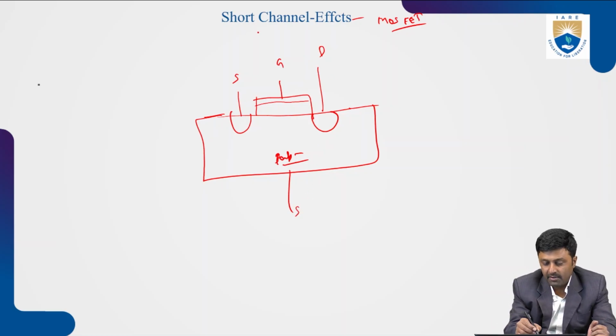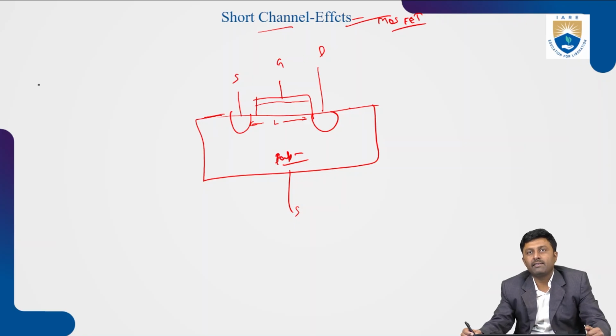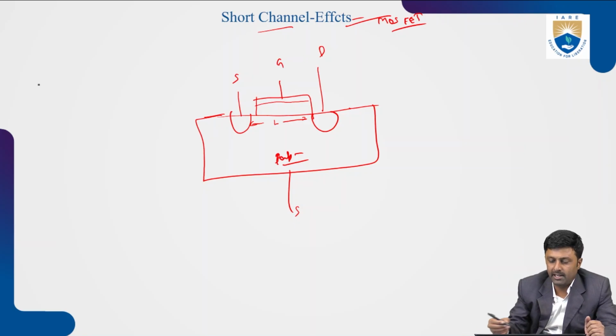So the short channel effects are the effects that happen because of the reduction of the distance, that is the length between source and the drain. Because of this, the short channel effects arise in the MOS transistors, either it may be a P-type transistor or N-type transistor.